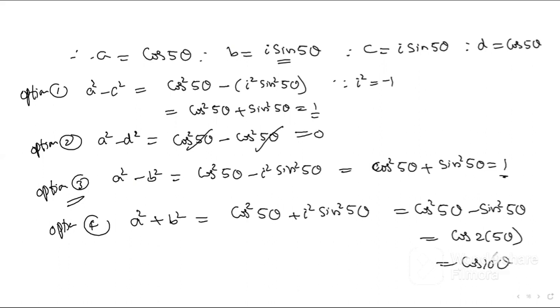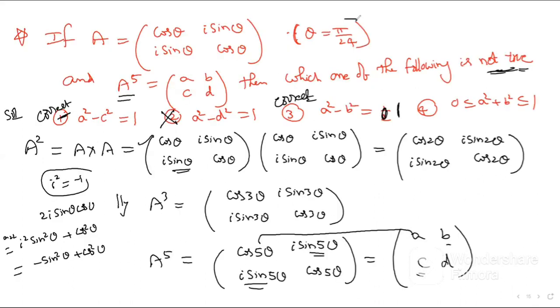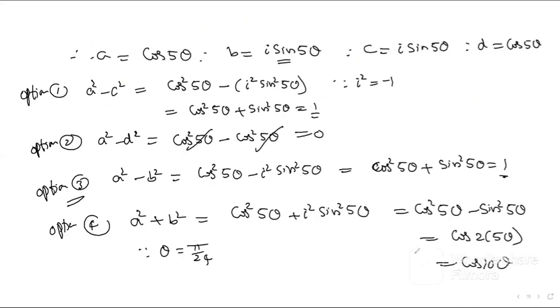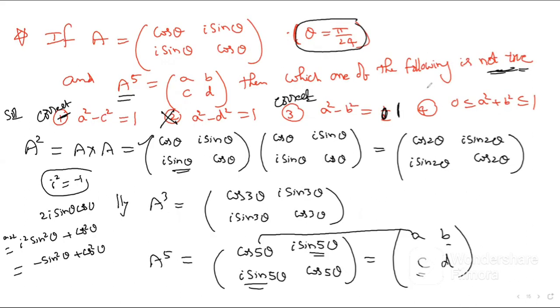Cos 10 theta always lies between 0 and 1, because theta is pi by 24 from the statement. So option 4 is also correct. So option 2 is wrong. Which option is not true? The second option is not true.